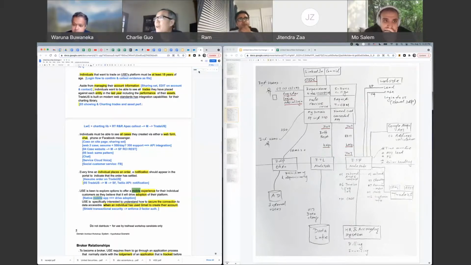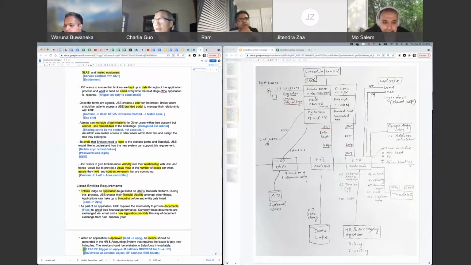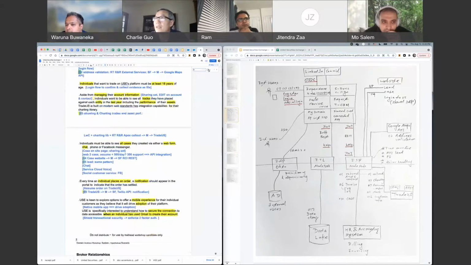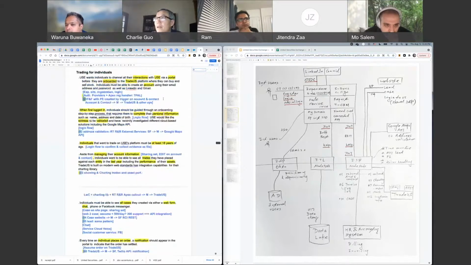I searched for square bracket 0, and all my integrations are labeled this way, and the directions are in every integration. And if you want, we can go through 1 through 12 and look at the direction.